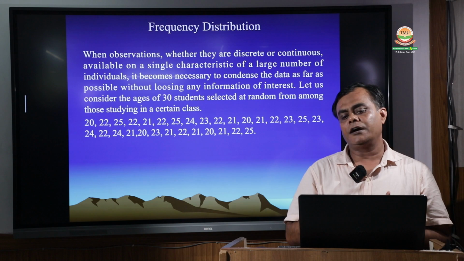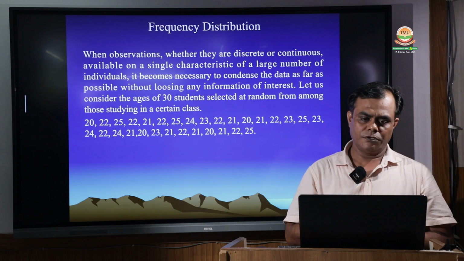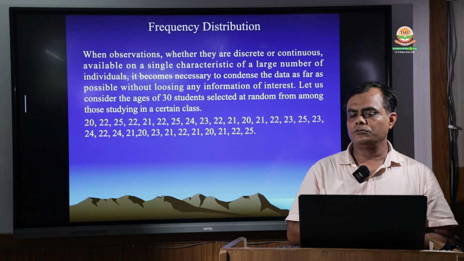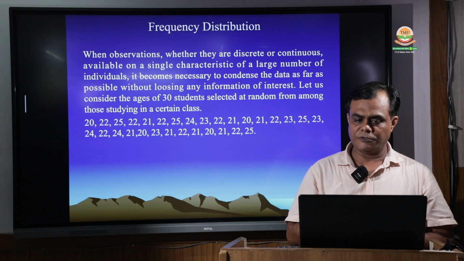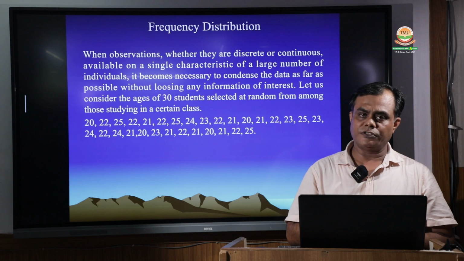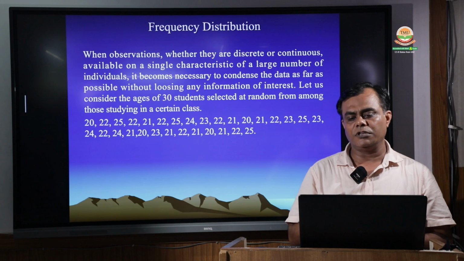So, how are we finding the frequency distribution? Presenting the data like this is not considered good for a larger number of observations. It is necessary to handle the data in a better way, and the figures are shown in the table.